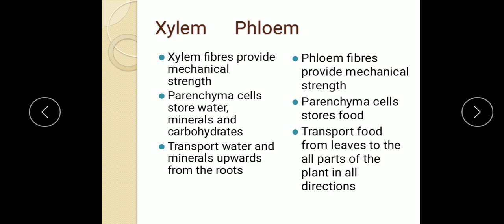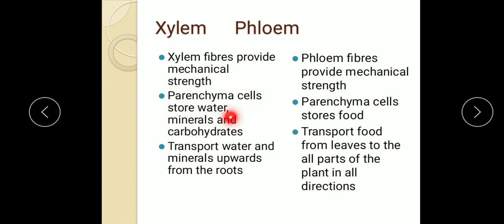One more thing here: xylem tissue consists of xylem parenchyma, which is the only living component of the xylem, because in xylem we have seen components like xylem vessels, tracheids and the fibers. These vessels, tracheids and xylem fibers are dead cells.